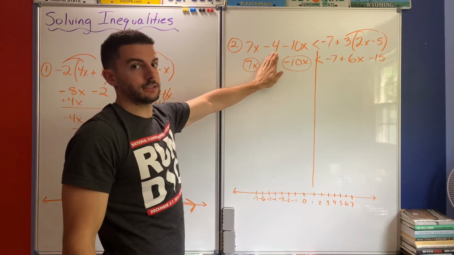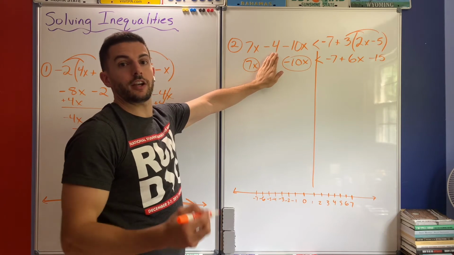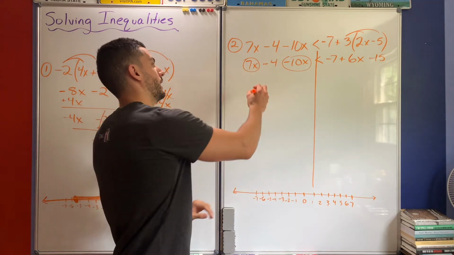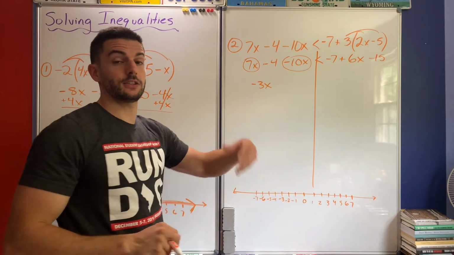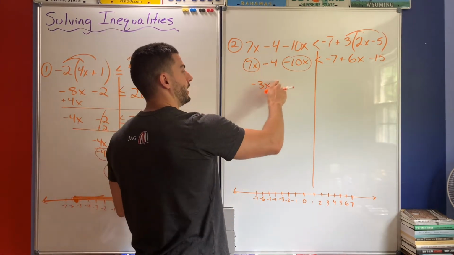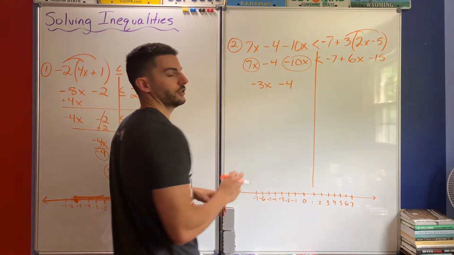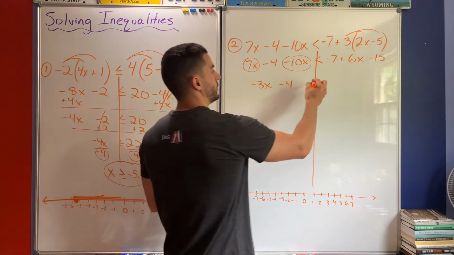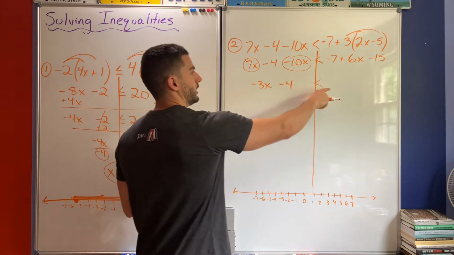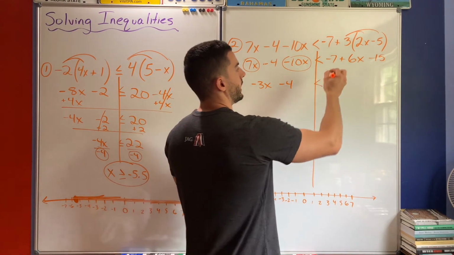So I have a 7x and I have a negative 10x, so if I combined those, I would get negative 3x, okay? 7x minus 10x, negative 3x. And then this minus 4 is there as well, and that's not a like term, so I didn't need to combine that, okay?